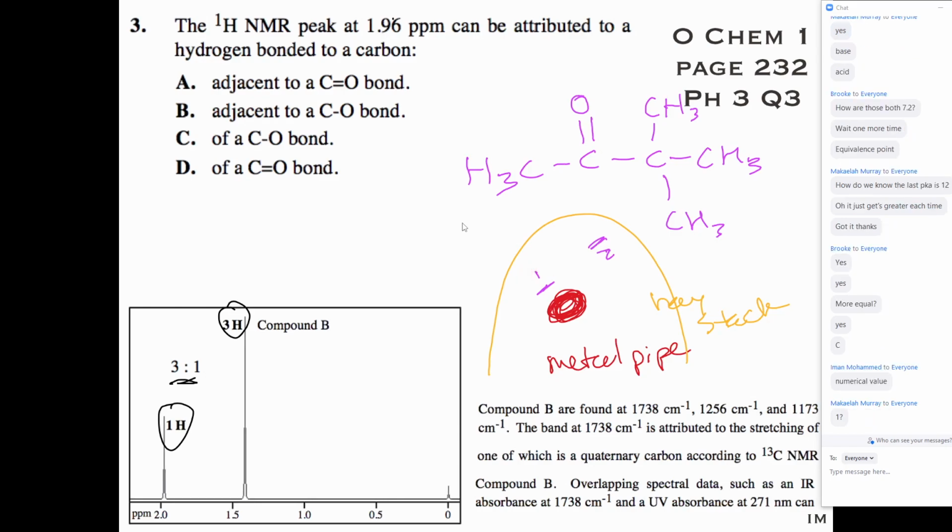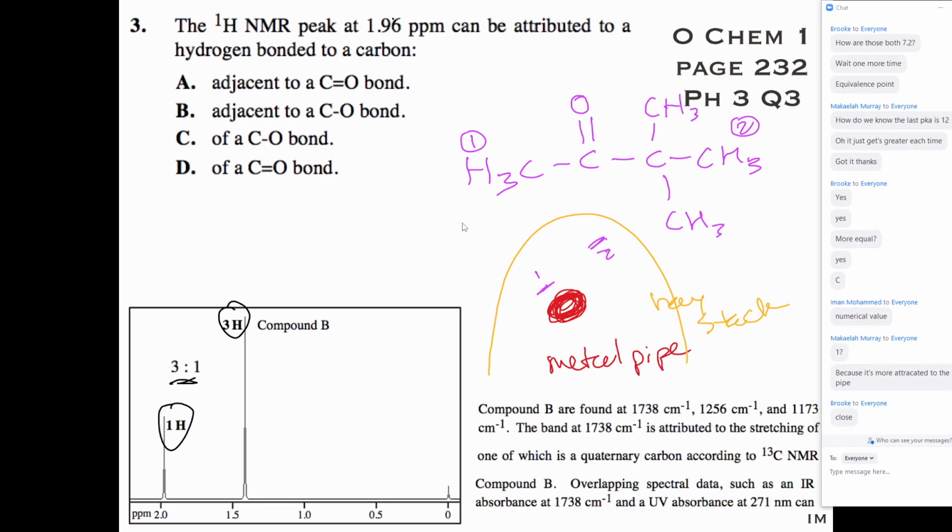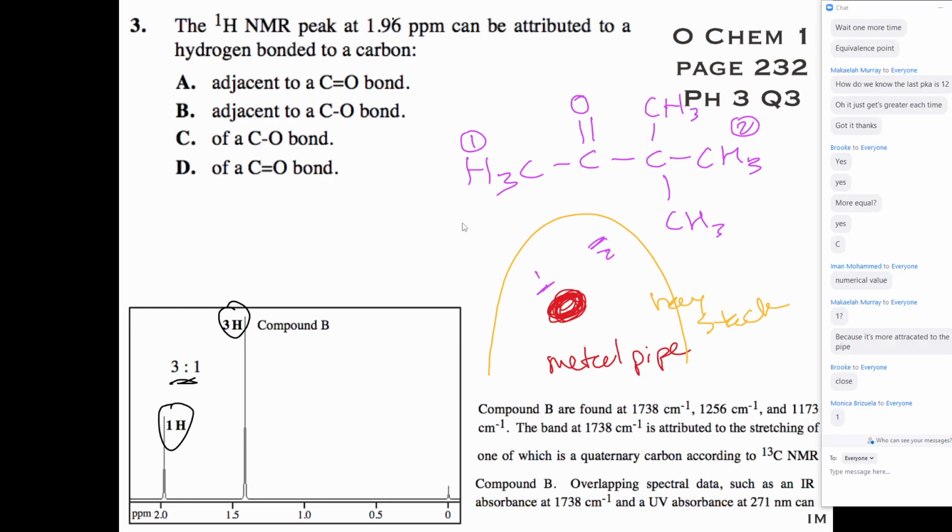Why would it take a stronger magnet to find 1, the needle next to the pipe, instead of 2? Because the slight magnetism that can be induced in the pipe is going to attract it. Okay, fair enough. Which needle is going to be harder to find, 1 or 2? The H's that are close to the oxygen, the H that's a little bit further away in 3-dimensional space. Close.